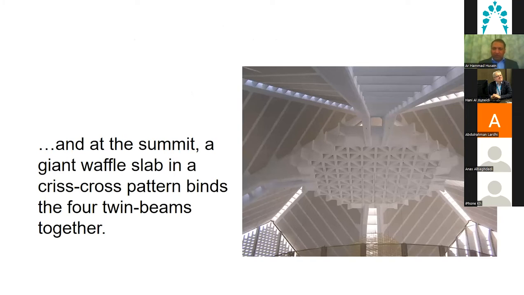And at the top, they are tied with a giant waffle slab in a crisscross pattern. So there are 8 beams that go up, and at the top they are tied with this slab. So that is the entire structure. 8 beams held together at the base by the minarets and held together at the top by this one slab.